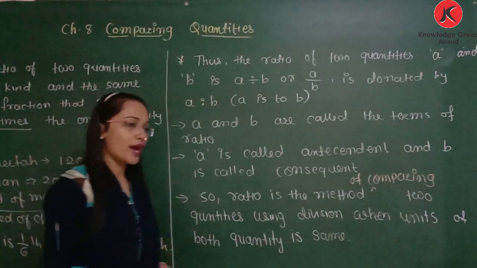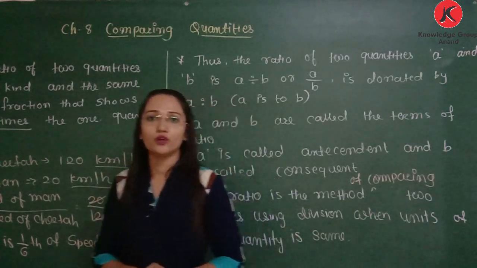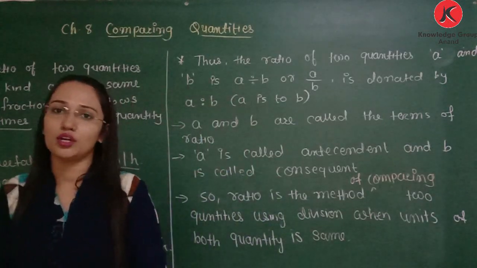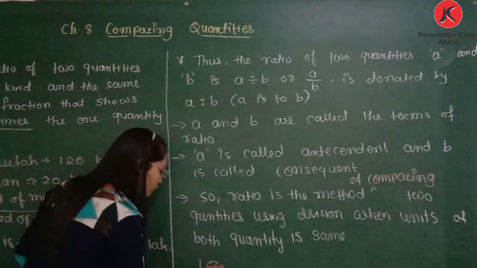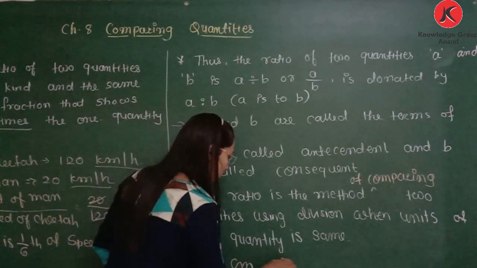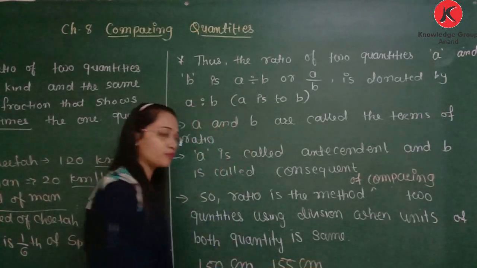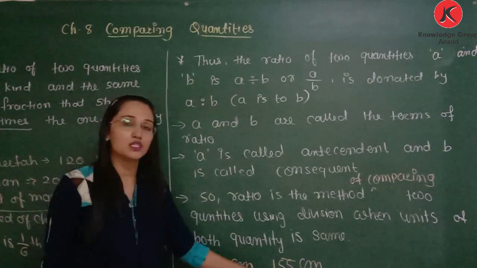Let's say you have an elder sister or brother in your house, and you want to compare your height with your brother or sister. Let's say your height is 150 centimeters and your brother's height is 155 centimeters. How can we say whose height is more?